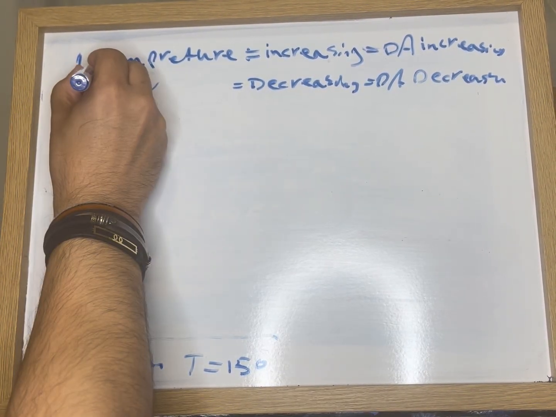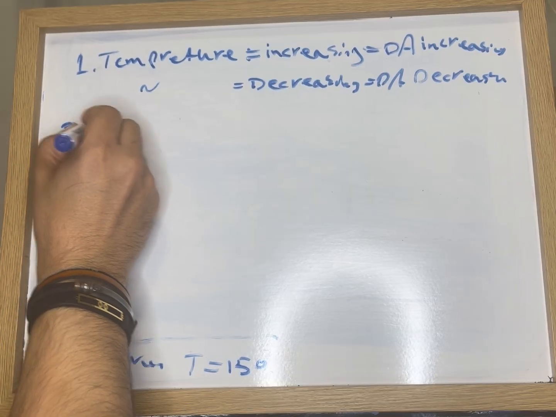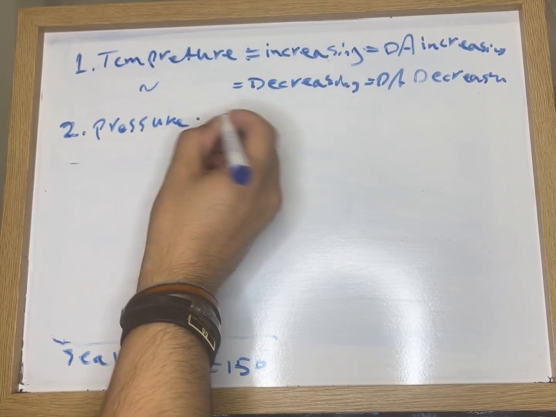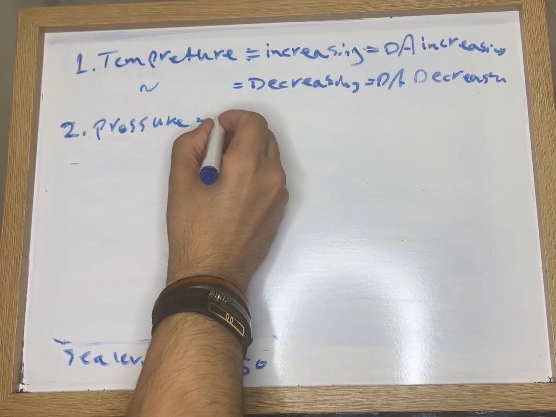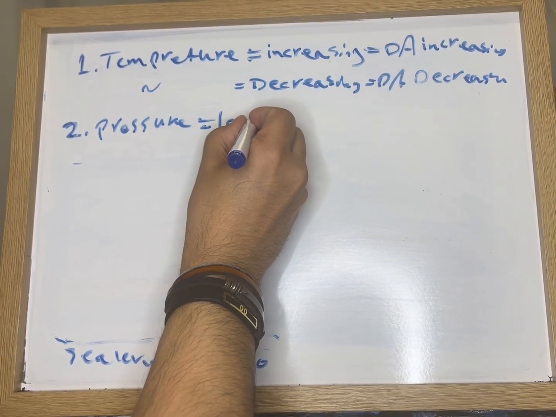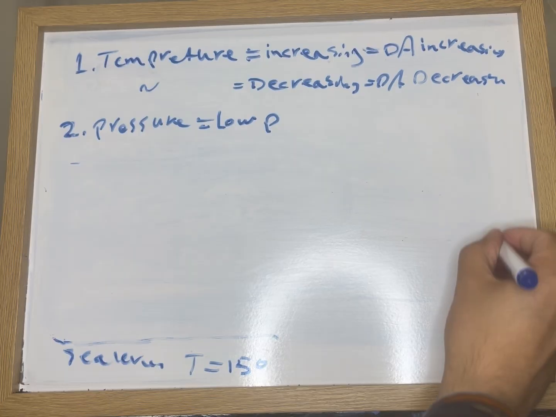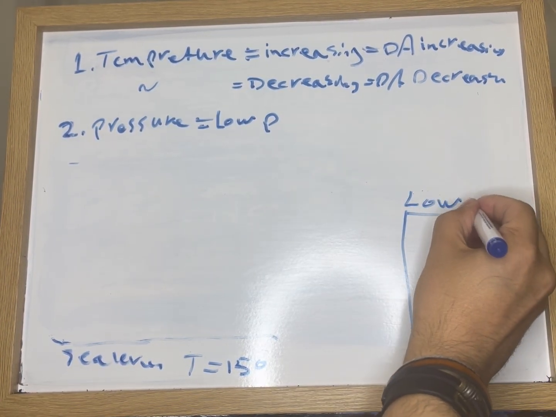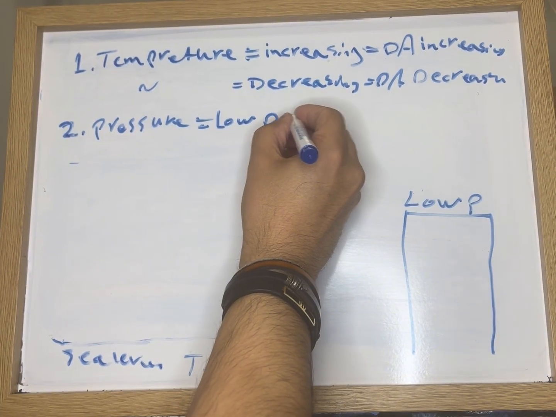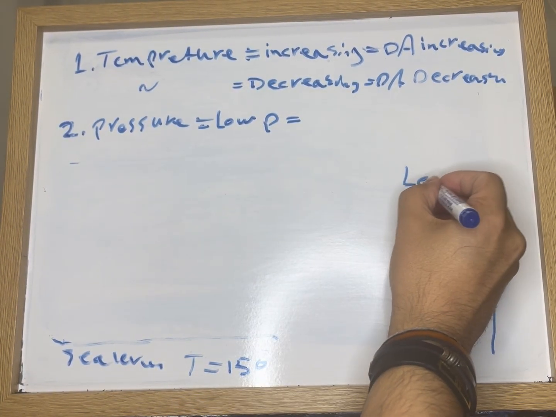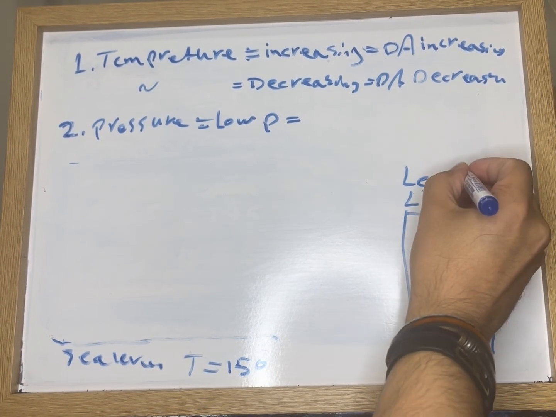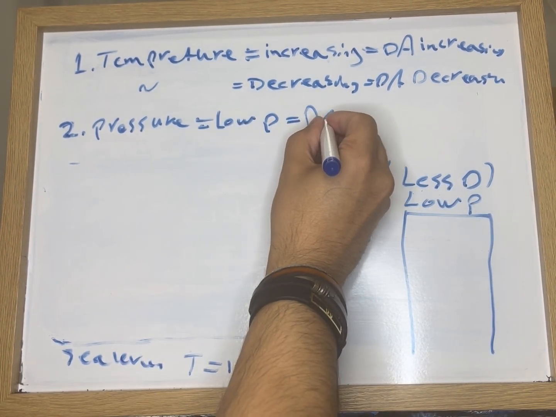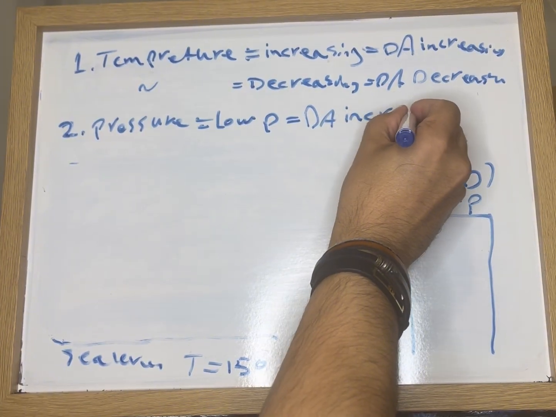Another factor impacting density altitude is pressure. So in low pressure, or at higher altitude, due to the air being less dense, right? Density altitude increases.